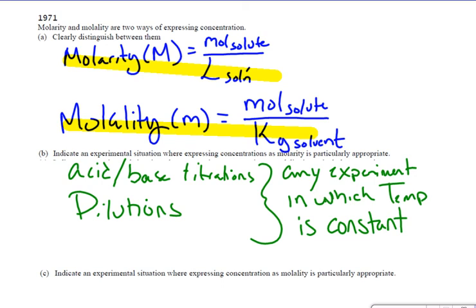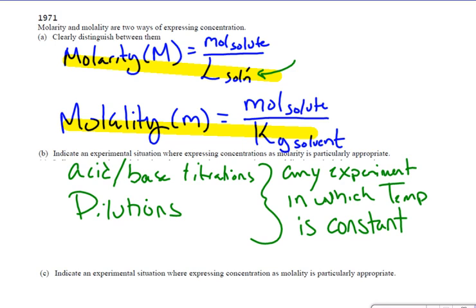So any experiment in which temperature is constant is a valid answer for this one. The reason temperature has to be constant is because the volume will change with the temperature. Things that are hotter expand and take up more space, so your solution will take up more space and your concentration will change, and therefore that's an issue.